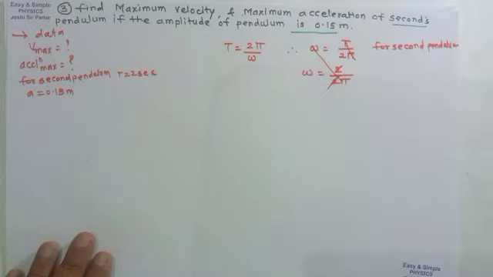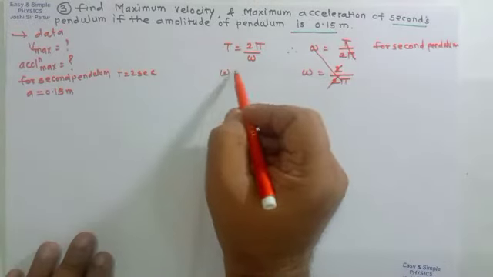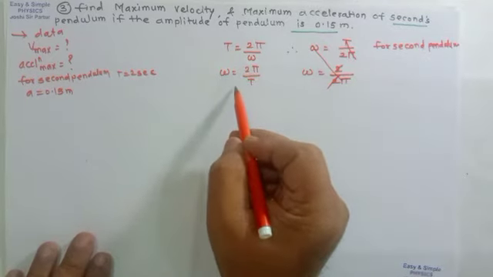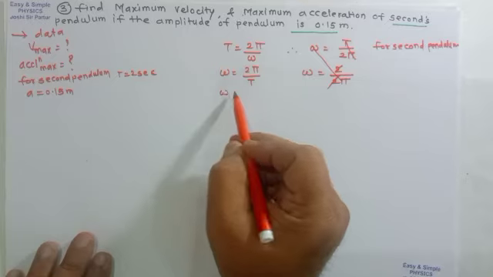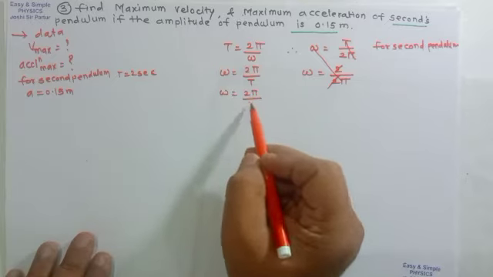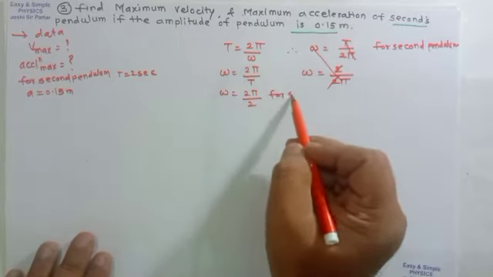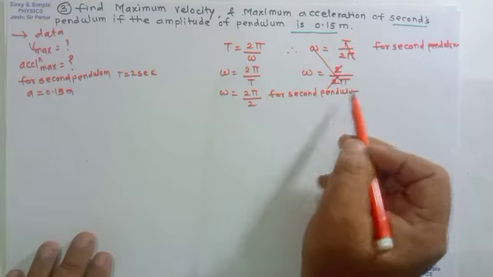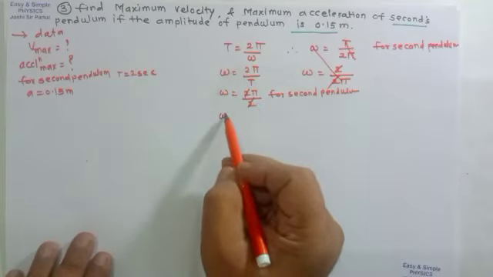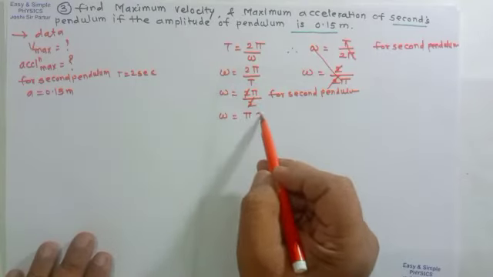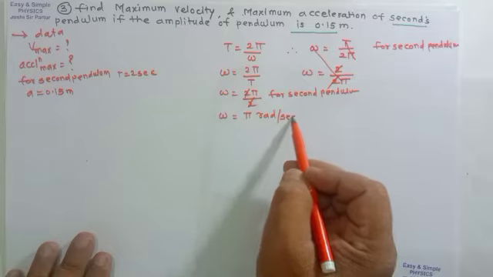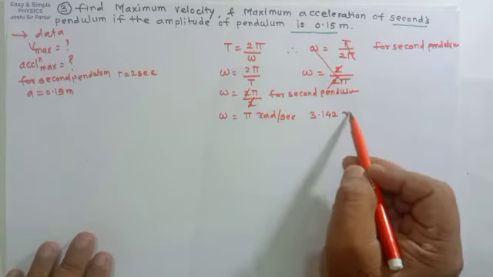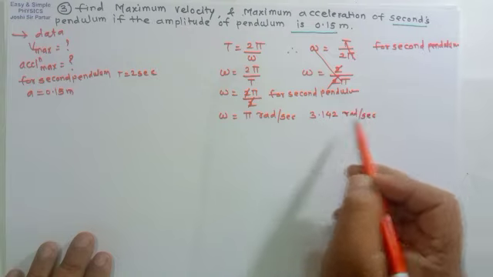Omega equal to 2 pi upon capital T. And see here, omega equal to 2 pi upon 2 for second pendulum. So 2 gets cancelled. Omega equal to pi radian per second, or 3.142 radian per second.